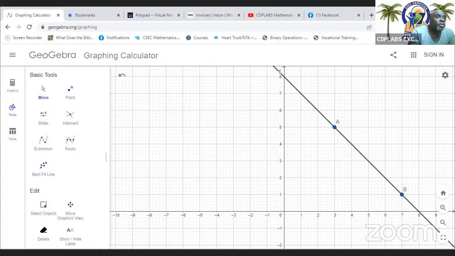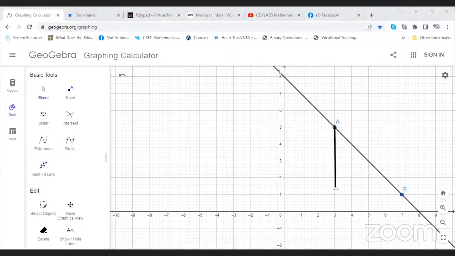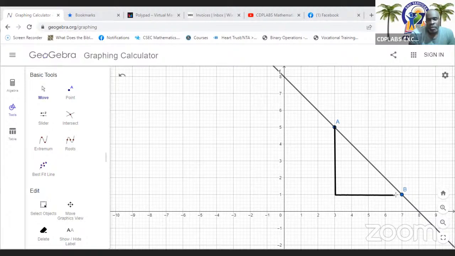Now the other way of doing it, naturally, is calculation, which they ask you to do rightfully, which I'm going to show you now. So you simply go like this. We're talking about coordinate geometry here. You draw a line, come down. A line going across.